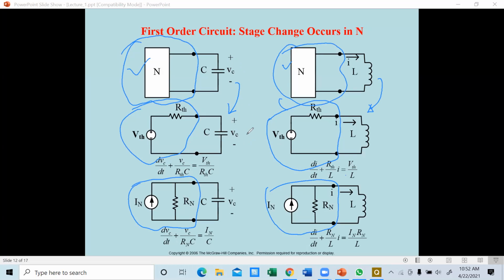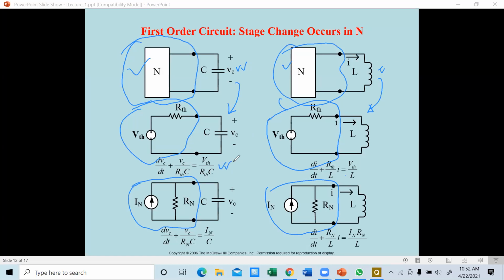The same thing is there for your inductor. Now, if we identify our output as the voltage across the capacitor, or the current through the inductor, then you can easily derive the input-output relationship with the help of Kirchhoff's voltage law applied to this network.